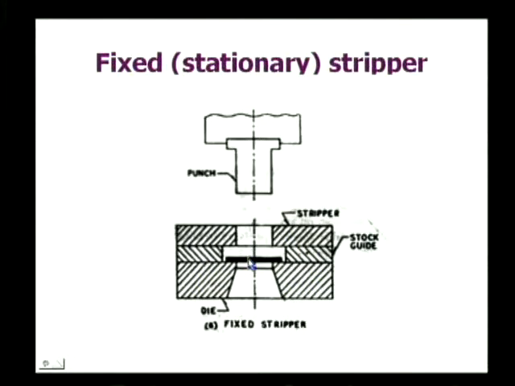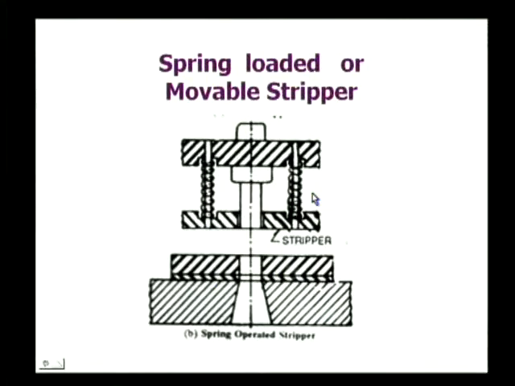So, in fact the stock is moved perpendicular to the plane of your television. As it is moving, after punching operation is over, the remaining scrap may be lifted up, and this moving up of the remaining scrap material is being prevented by this stripper plate. So, it is fixed, and hence it is called a stationary stripper.